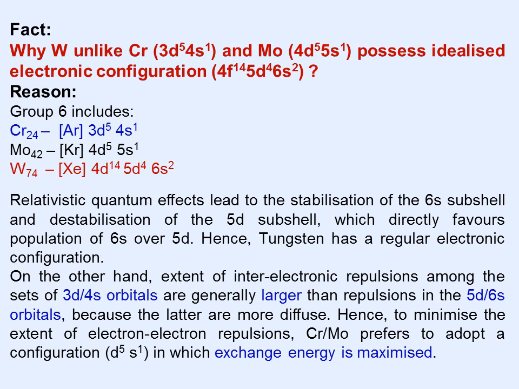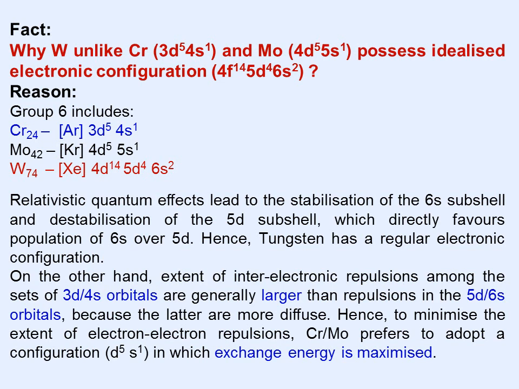Here, relativistic quantum effects lead to the stabilization of 6s subshell and destabilization of 5d subshell, which directly favors the population of 6s energy level over 5d. Therefore, in tungsten, there occurs regular electronic configuration.